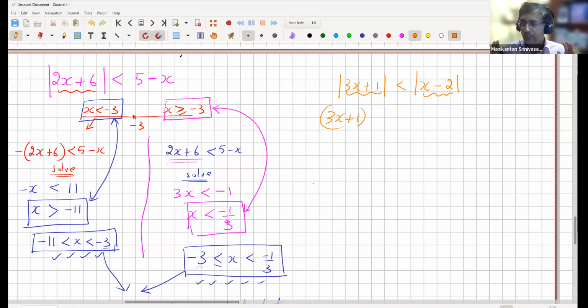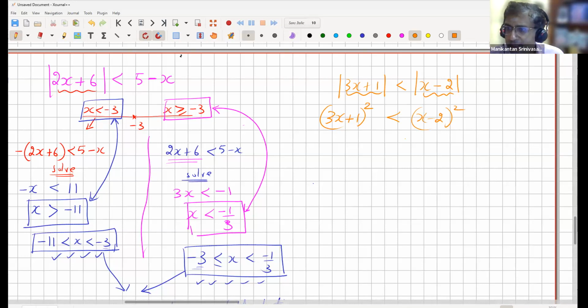For example, 3x plus 1 could be 7 and x minus 2 could be -9. In magnitude, is 3x plus 1 smaller than x minus 2? Yes, and we'll accept that. Another way of saying the same thing is, 7 squared is less than -9 squared. So effectively, it's saying 3x plus 1 whole square must be less than x minus 2 whole square.